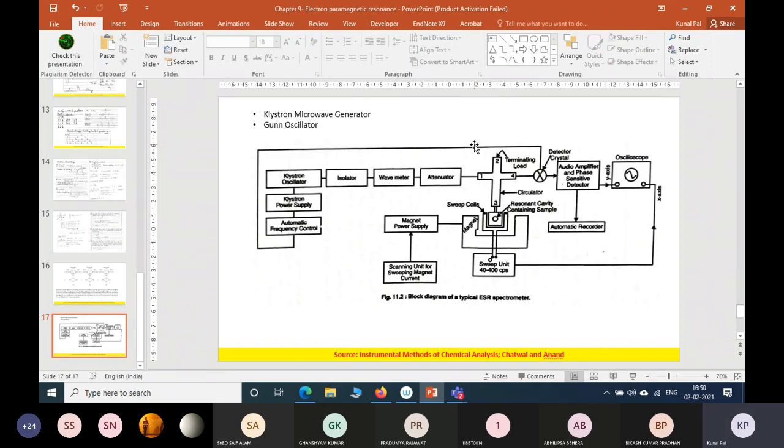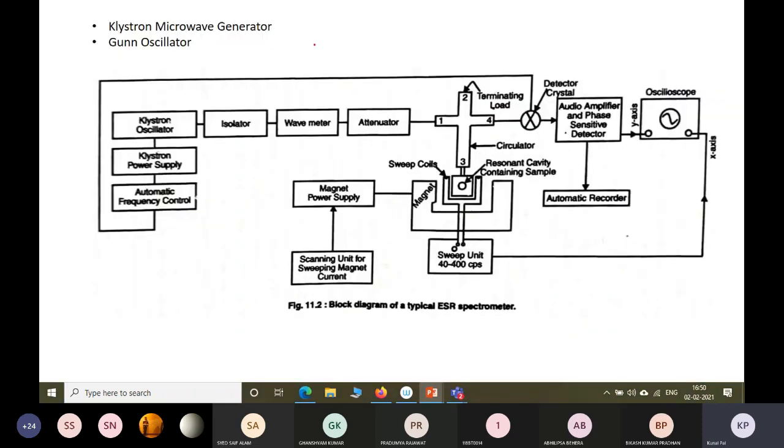If you see, in ESR we are working with microwaves, and in NMR we are working with radio frequency waves.